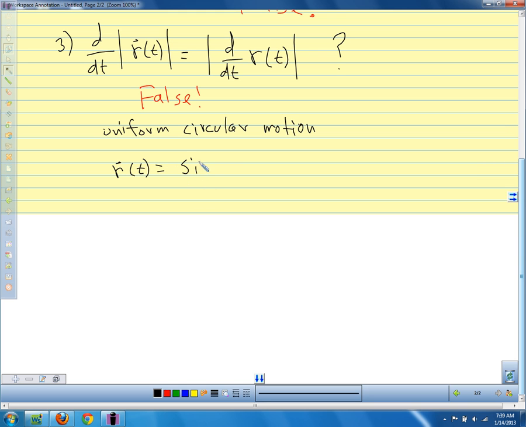Okay, sine t i hat plus cosine t j hat, and we could have the z value be some constant, plus k hat. So we're going in a circle. r prime of t is going to be cosine t i minus sine t j.